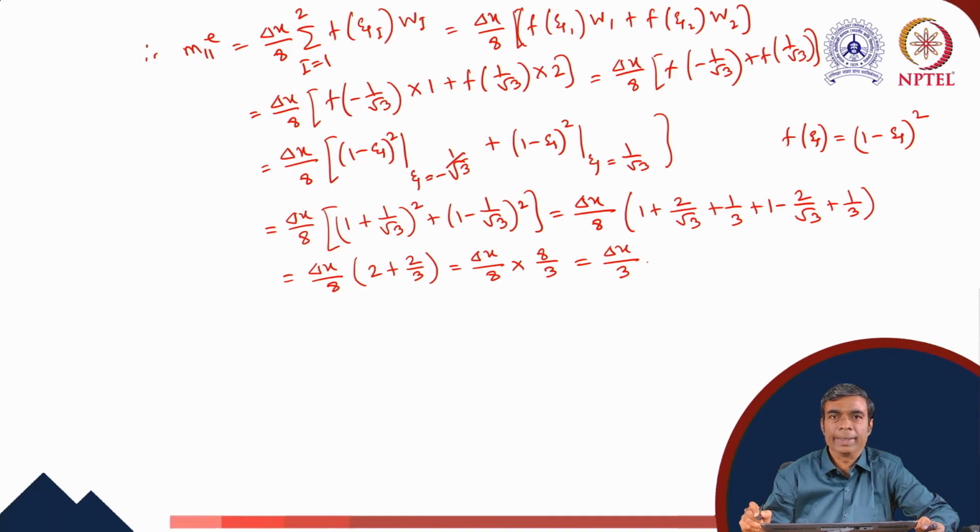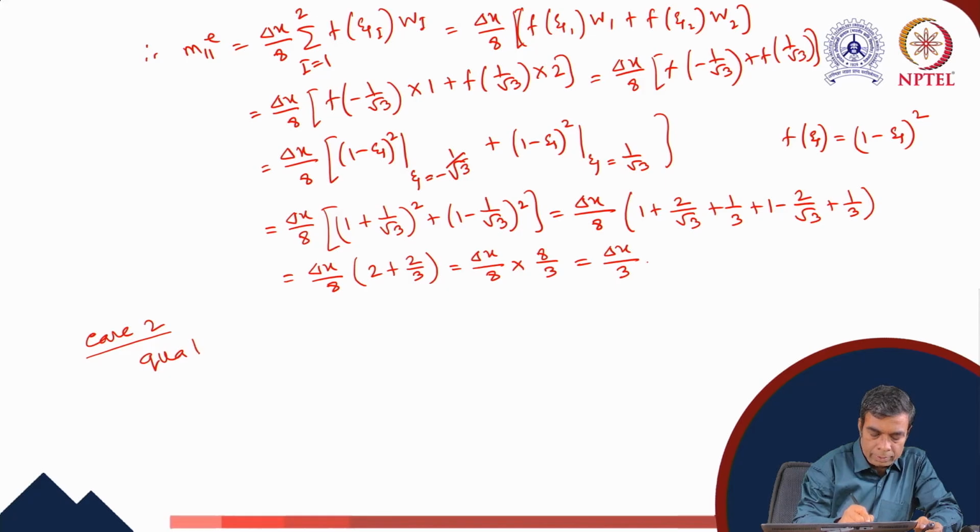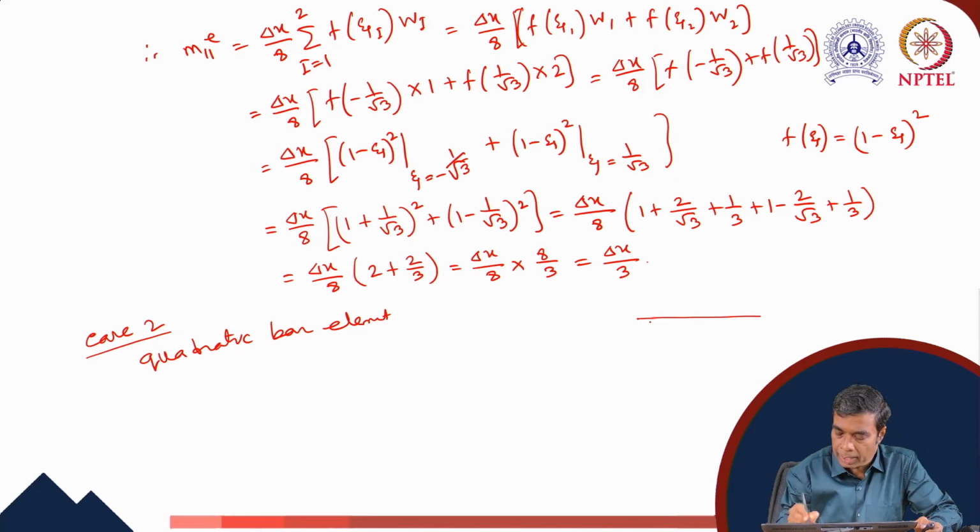Now we go for case 2. We shall calculate the entries of the consistent mass matrix of a 3-noded bar element or a quadratic bar element. So this is for case 2, the quadratic bar element with local nodes 1, 2 and 3.